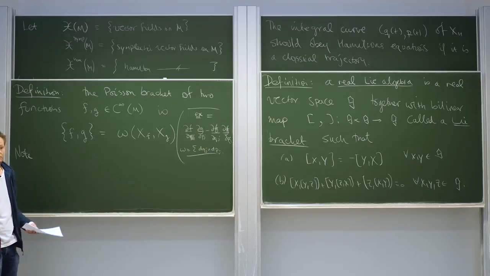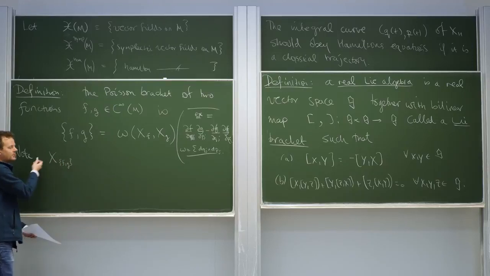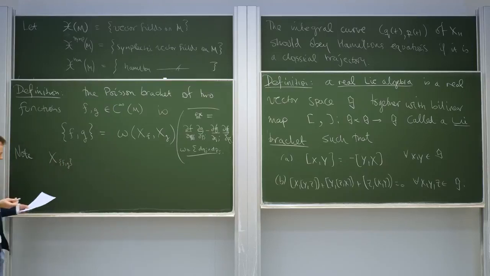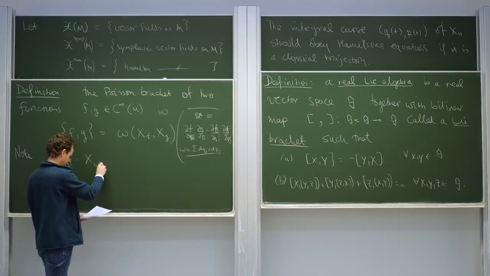So there are some neat little identities to notice about this definition. Firstly, the Poisson bracket is a function, right? It takes two functions and gives you a function. So you can ask questions about that function. Is this function the Hamiltonian for some vector field? And the answer is, well, yes, it is. And you might wonder which vector field.